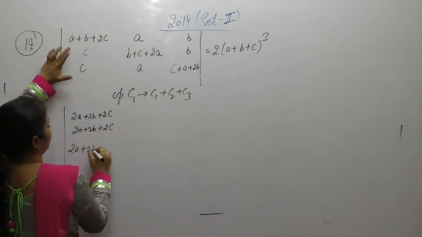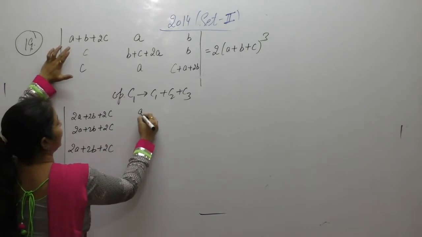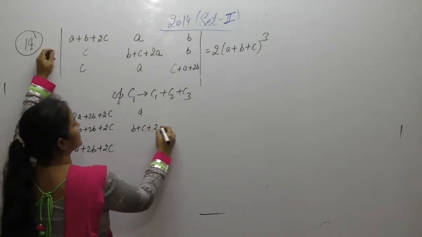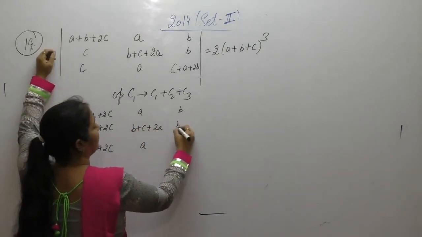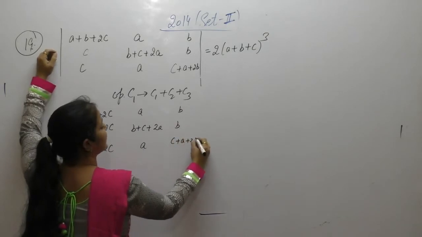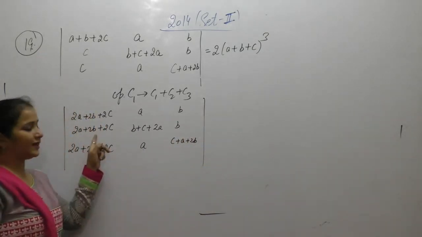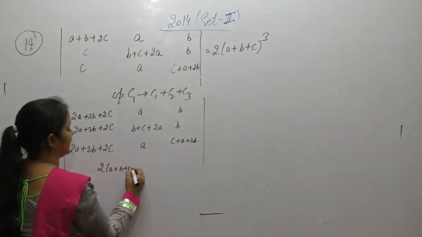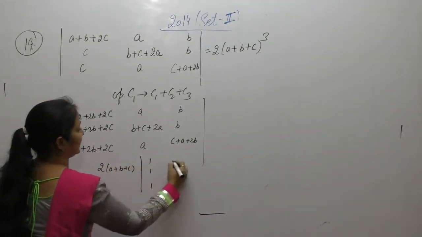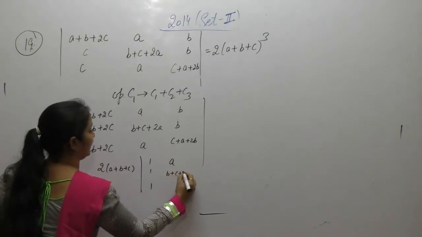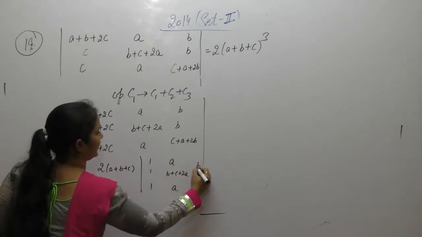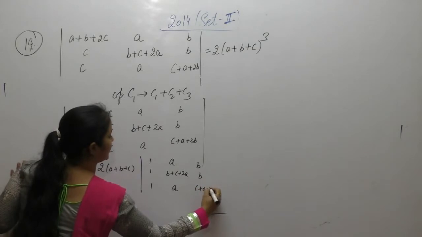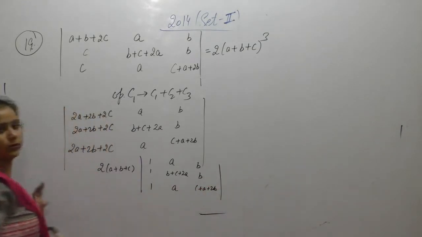And similarly here A, B plus C plus 2A, A, B, B, C plus A plus 2B. Now take this common from the column 1, 2: a plus b plus c, 1, 1, 1, A, B plus C plus 2A, B, B, C plus A plus 2B.